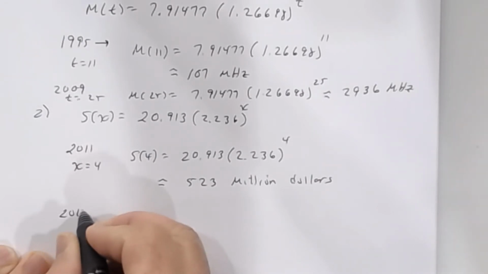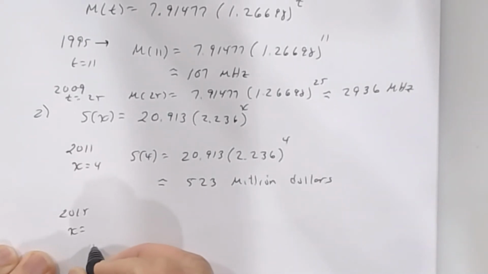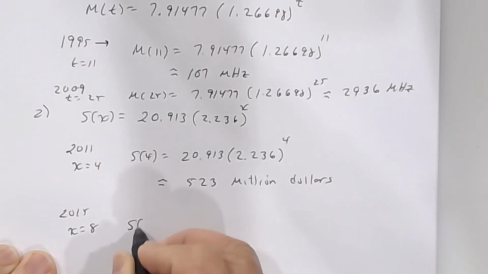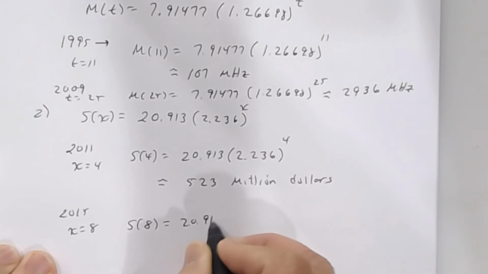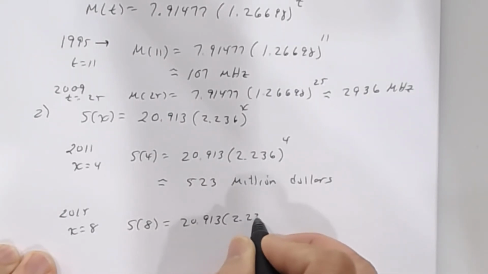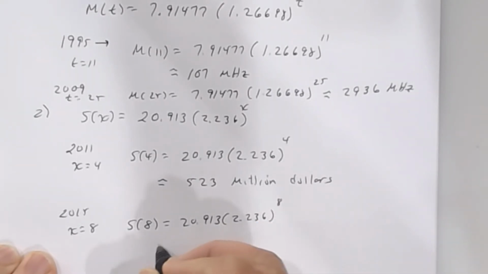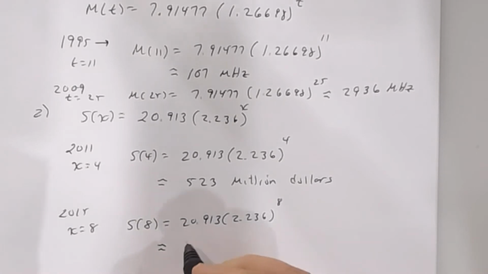All right, in 2015, what's x in this case? 8. So S of 8 will equal 20.913 times 2.236 raised to the 8th power. 13,067, or 13 billion. So put it in your calculator.